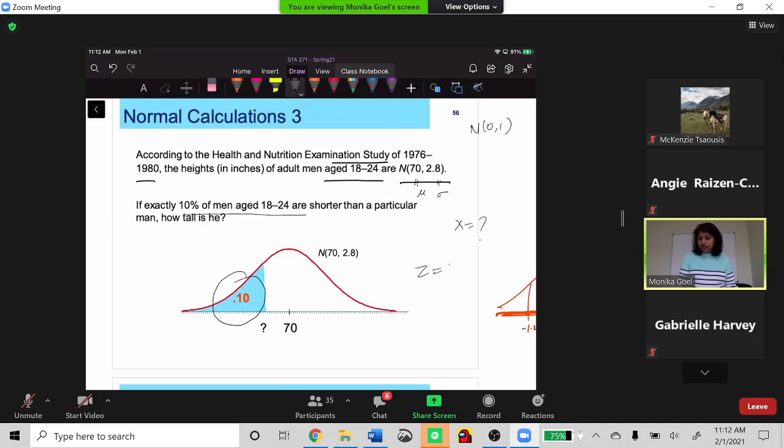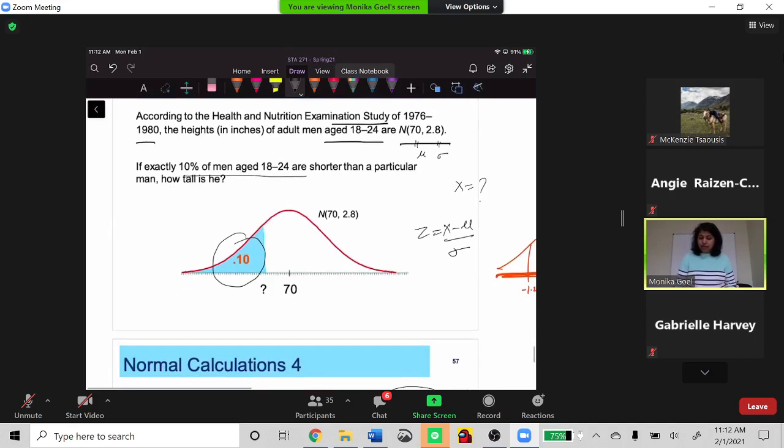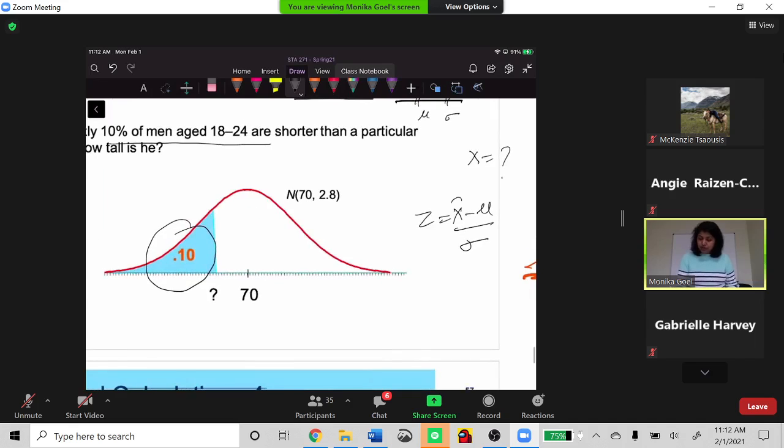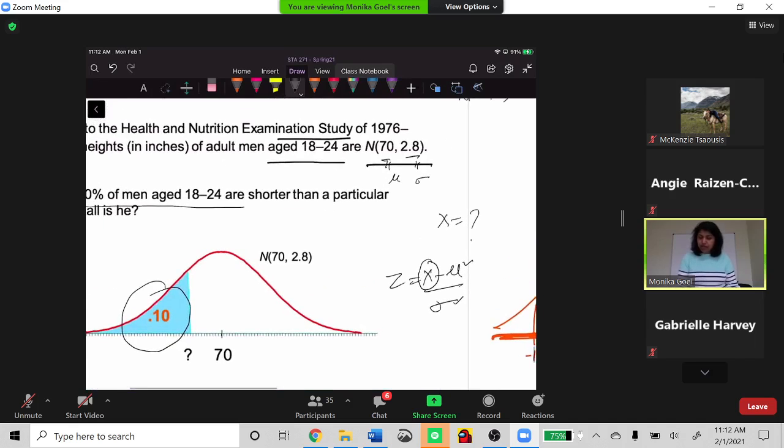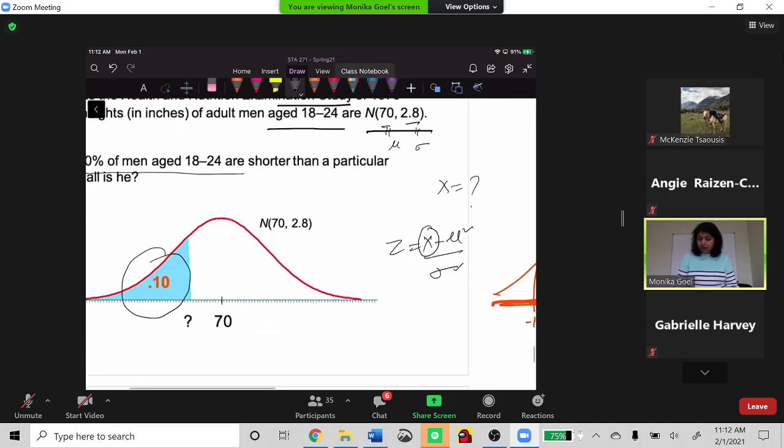And we know the formula is x minus mu over sigma. Again, you can do it two ways, either using the table or using the calculator. If you are using the table, you're solving for this x. You know these two; they are given to you in the question. Mean is 70 and standard deviation is 2.8. But we don't know z. We know how to calculate that z because the area is given to us as 10%.